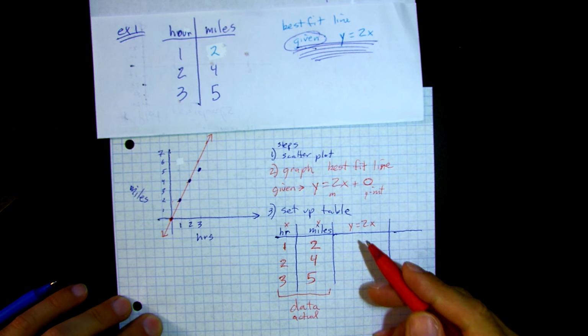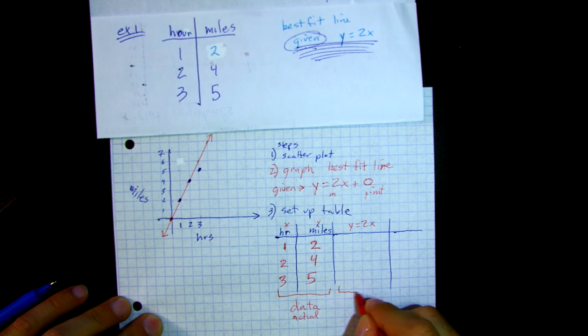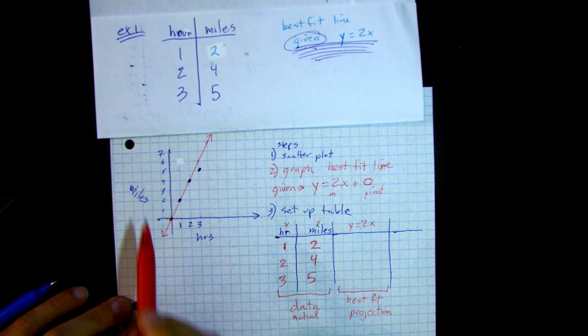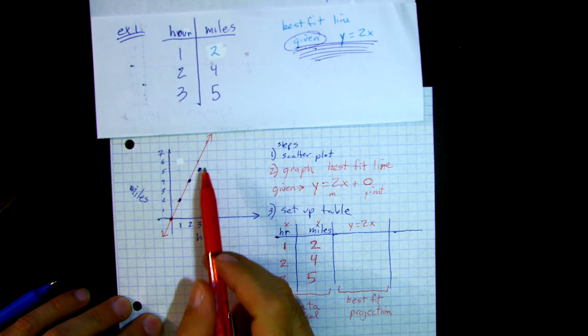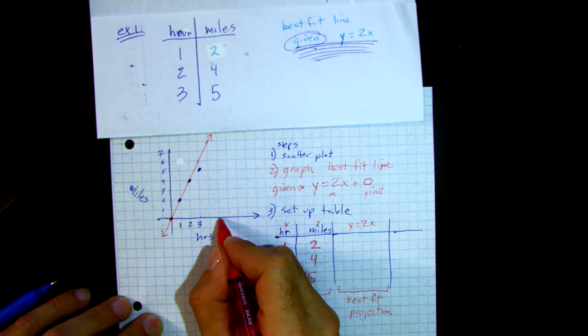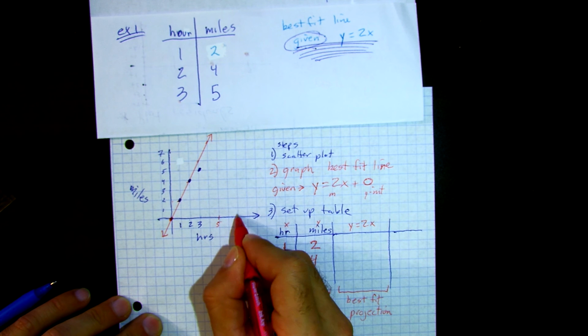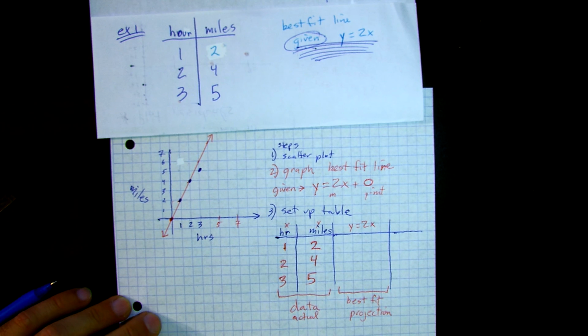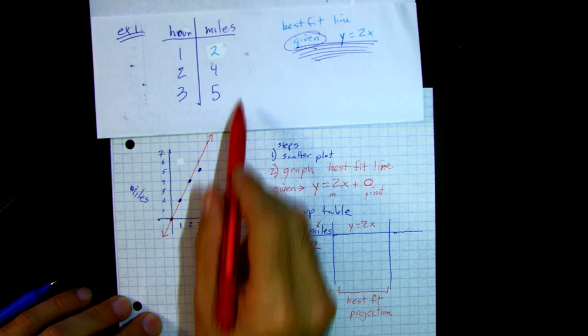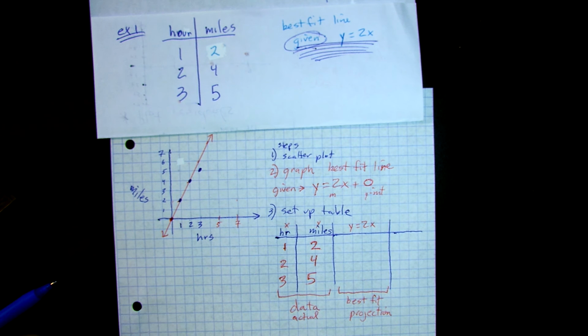But I'm not going to find the actual. I'm going to see, well, what is the best fit projection? Remember this best fit line. I could figure out how far I've gone after 5 hours, after 7 hours. I could look on the graph and find where the line is at 5, where it is at 7.